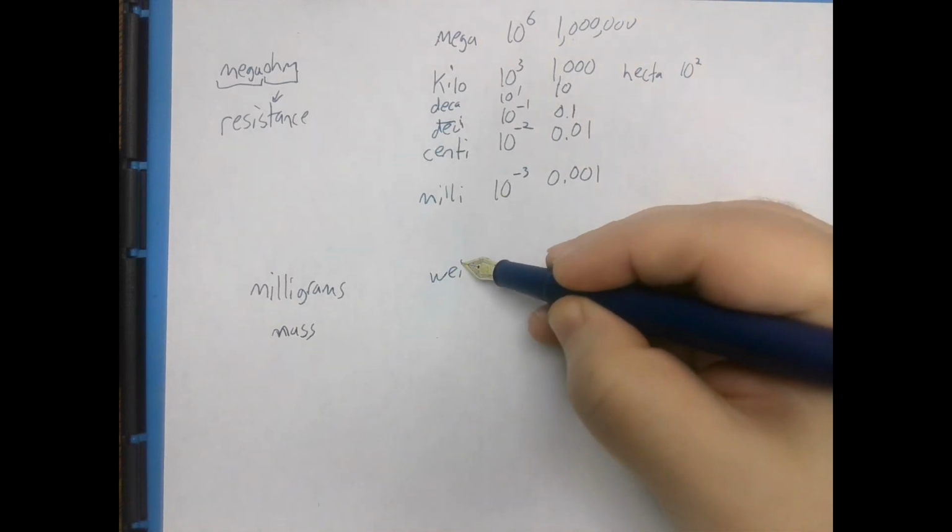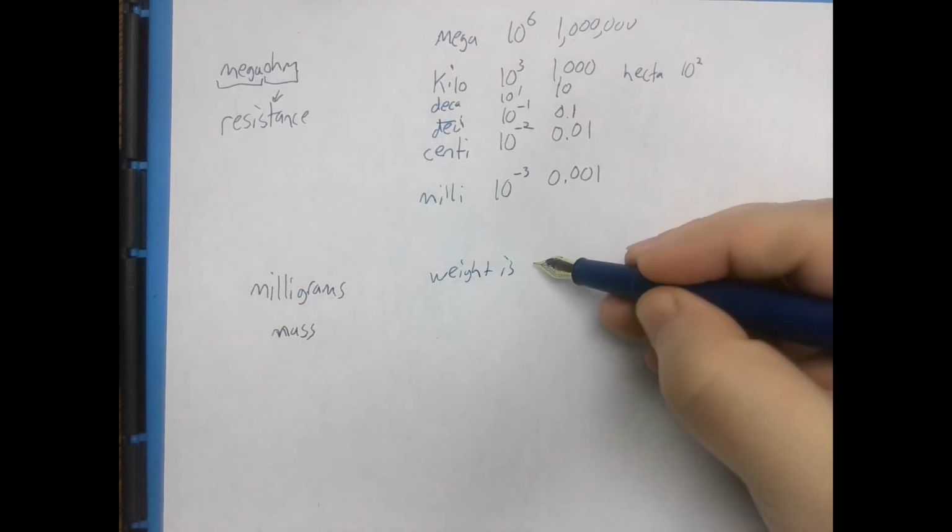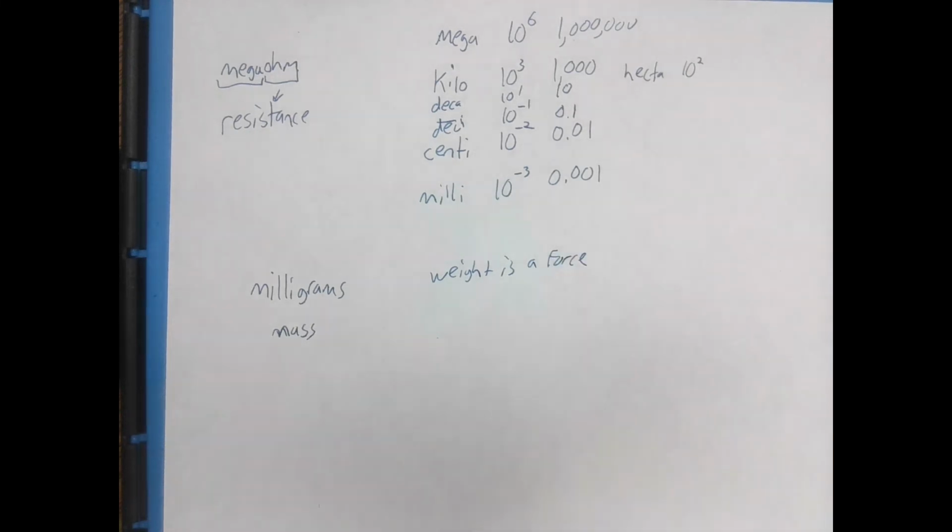Weight, of course. We have different weights on different planets. You weigh 1/8 as much on the moon as on Earth because gravity is 1/8 as strong.